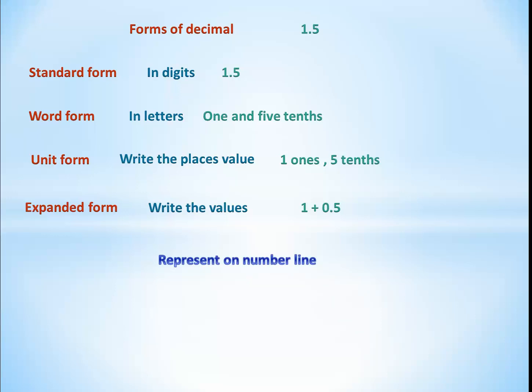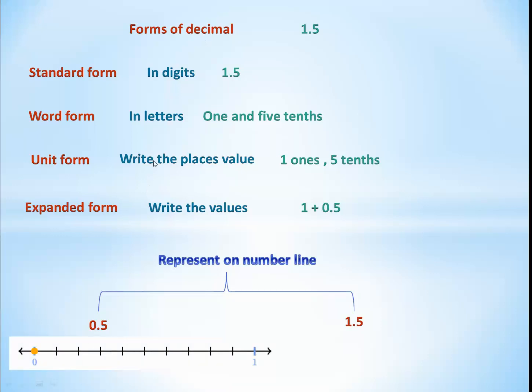How can we represent it on a number line? If I want to represent 0.5 or 1.5, okay, let's draw the number line and divide it into 10 parts, because we have from 0 to 1. The denominator here is 10, so we are going to divide it into 10 parts. Okay, in fractions, we write 1/10, 2 over 10, 3 over 10, and so on.